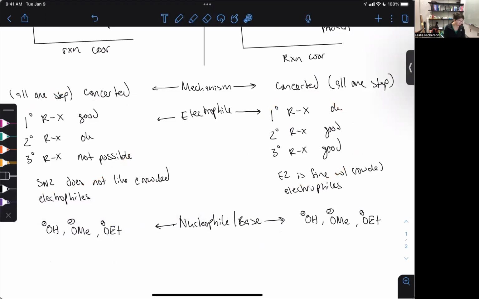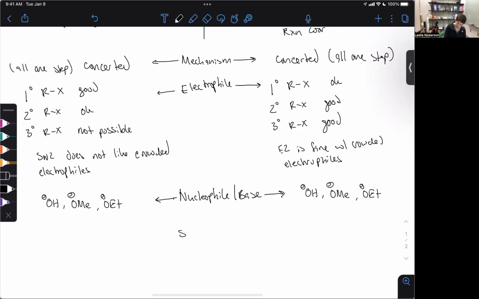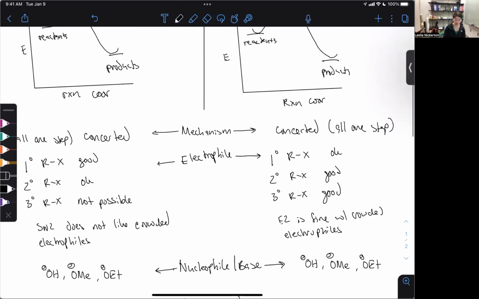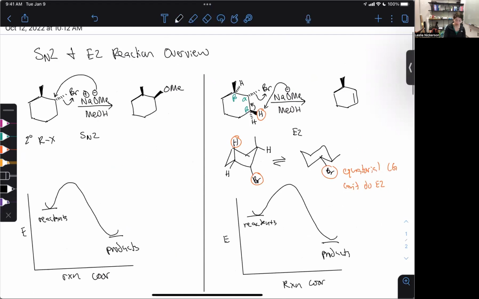Okay, so if we look at stereochemistry next, I would say this is one of the big differences. Stereochemistry for SN2, as we saw up here, we get inversion of that stereocenter as we attack from the opposite side with our nucleophile, versus E2, where we're looking for that anti relationship of our leaving group and our proton.